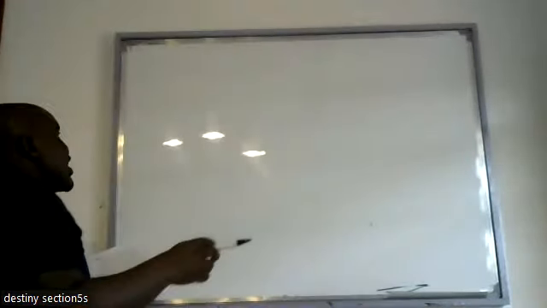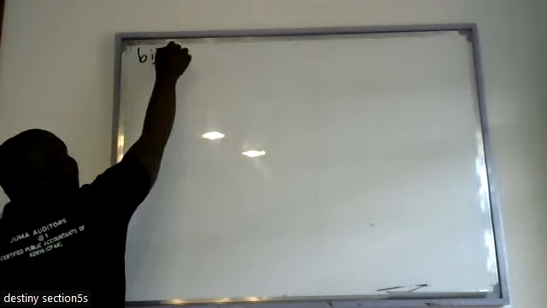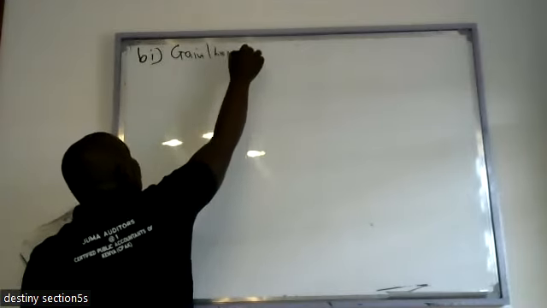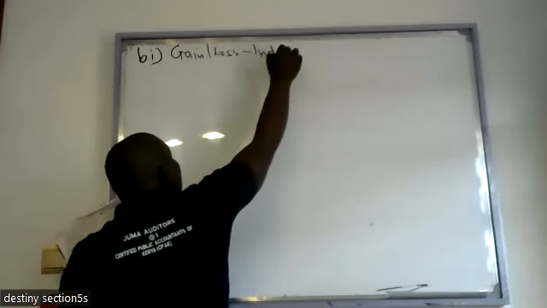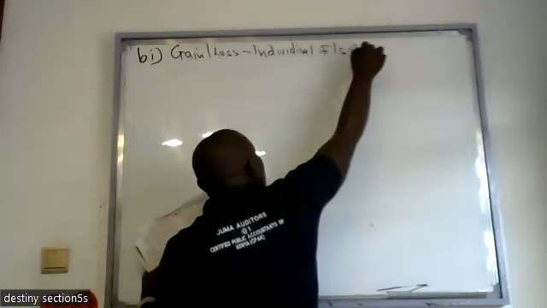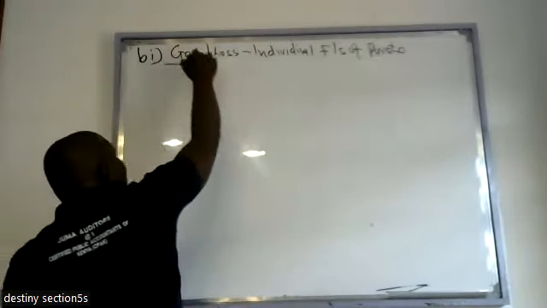So we start with Roman 1. So B1, you say gain or loss, individual financial statements of Pareto, like that. So have that one there.